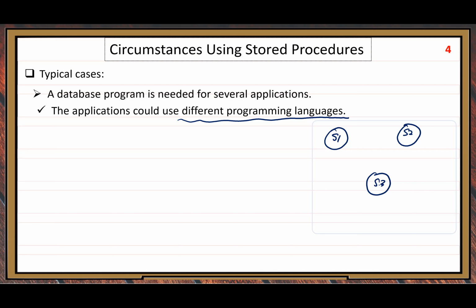We use Java in server 1, PHP in server 2, and C# in server 3. Due to some reasons, people may use different programming languages for different parts of your web application. That could happen.